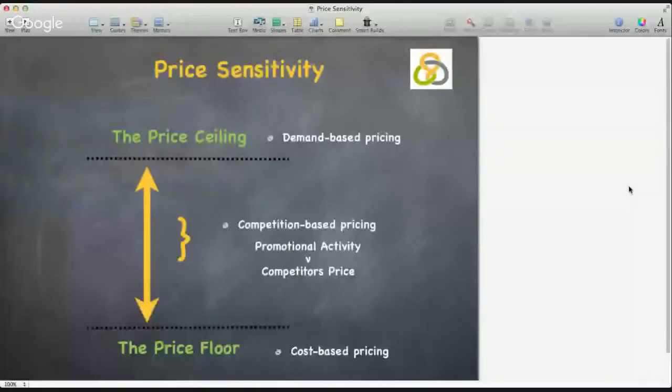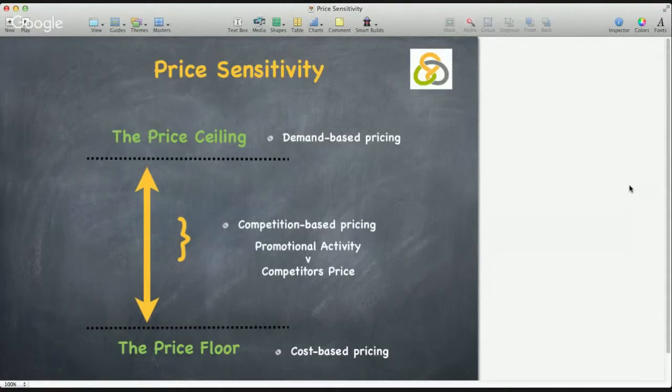So let's have a look at the model. I love this. There are three bases for pricing. The price floor, which tends to be cost-based pricing, when the price is determined by adding a profit element on top of the cost of making it.